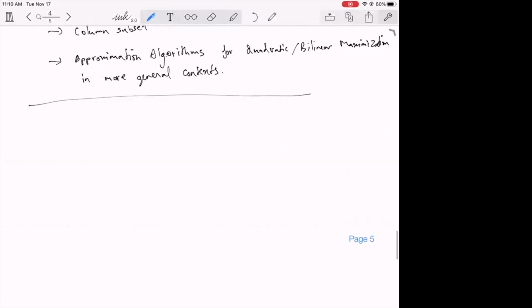So how are such theorems typically proved? Grothendieck proved his factorization theorem in 2 steps. He first gave a dual characterization of the factorization norm as a maximization problem.